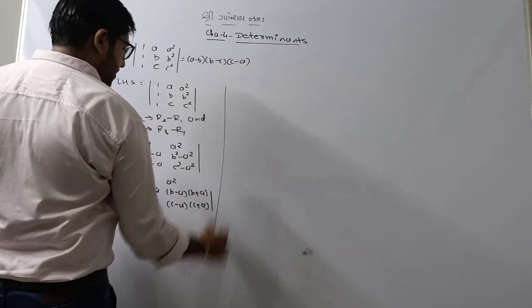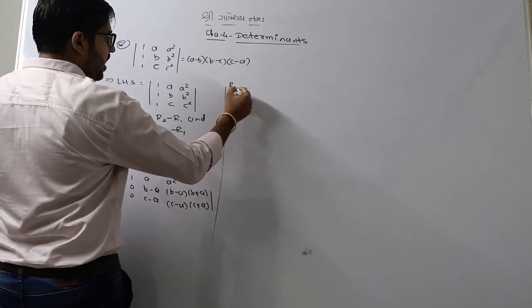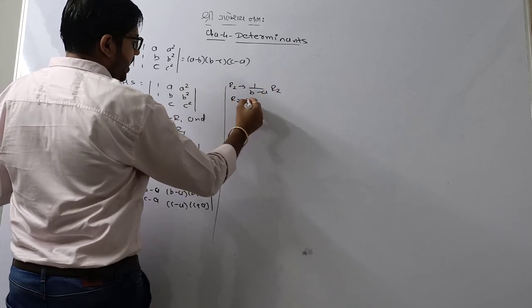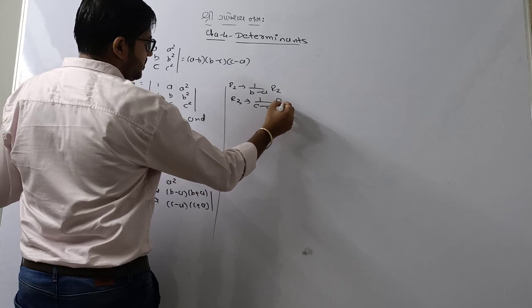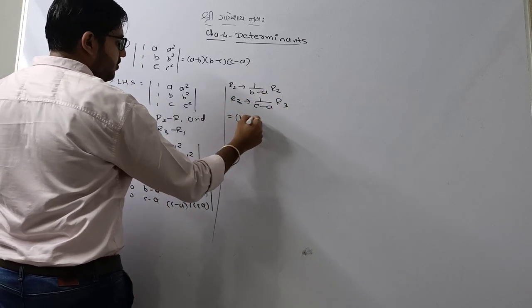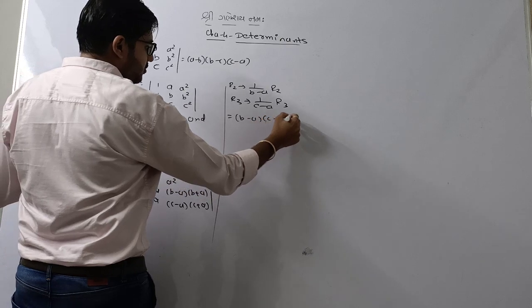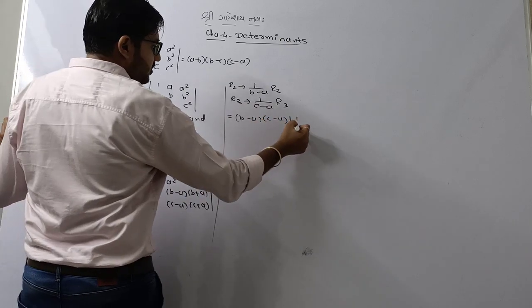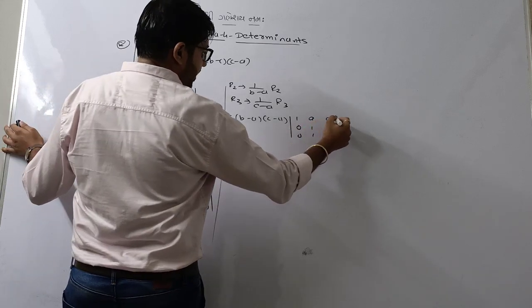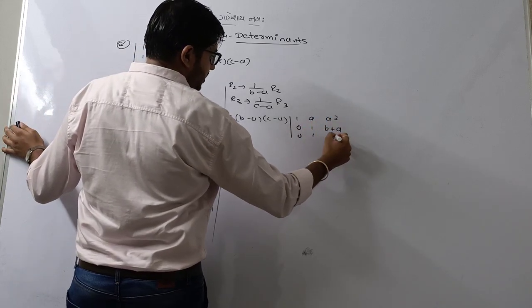So let's go with the operation. R2 will be divided by b minus a and R3 will be divided by c minus a. If we divide by something, we have to multiply by something also. So now we have 1 0 0, a 1 1, and a square, b plus a, c plus a.